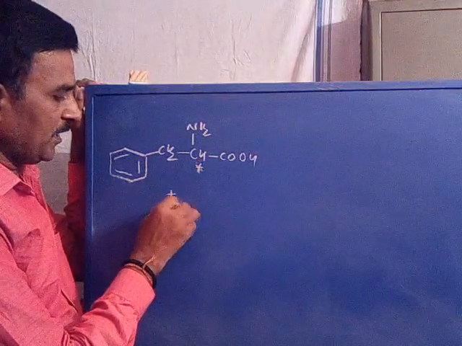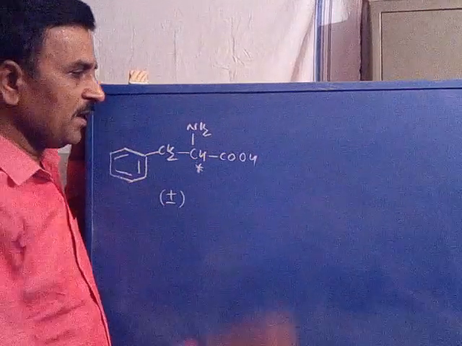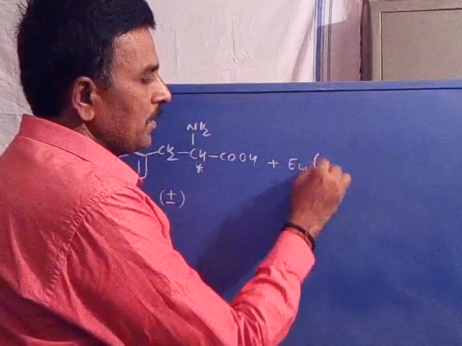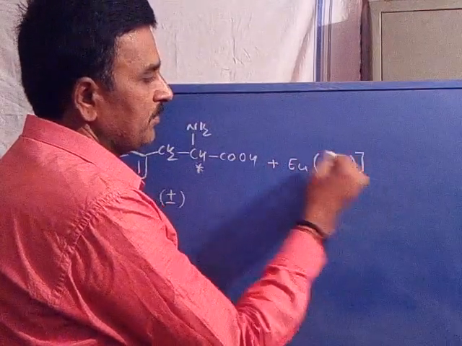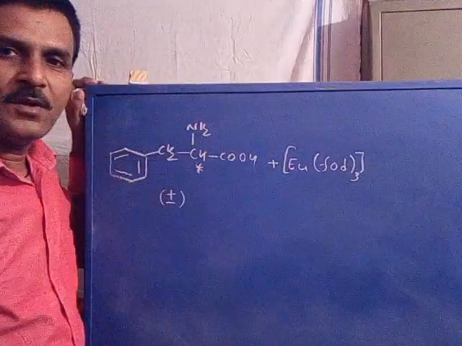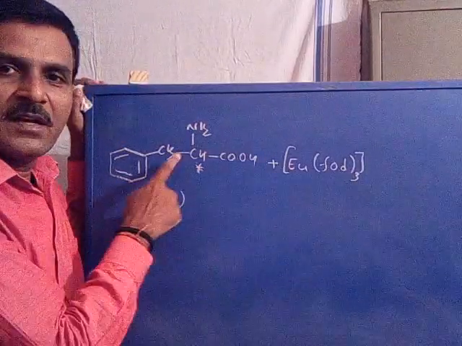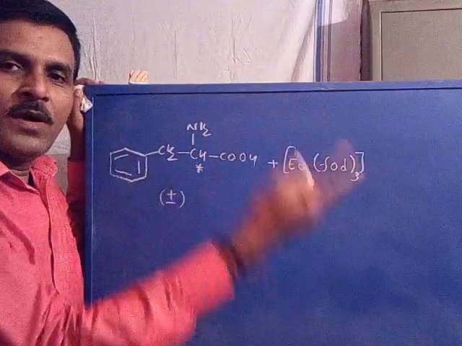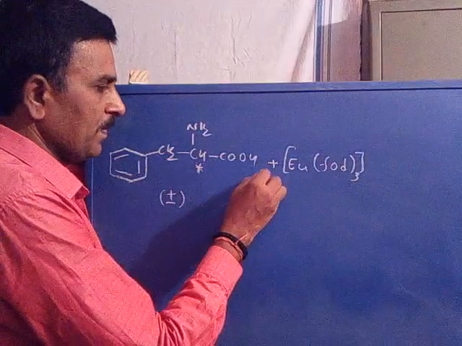Now this is plus and minus, an enantiomeric pair. Now it is treated with any one europium complex. Say I am going to take the europium FOD complex. Now this complex reacts with the isomers of the enantiomeric pair to form a diastereomer like this.